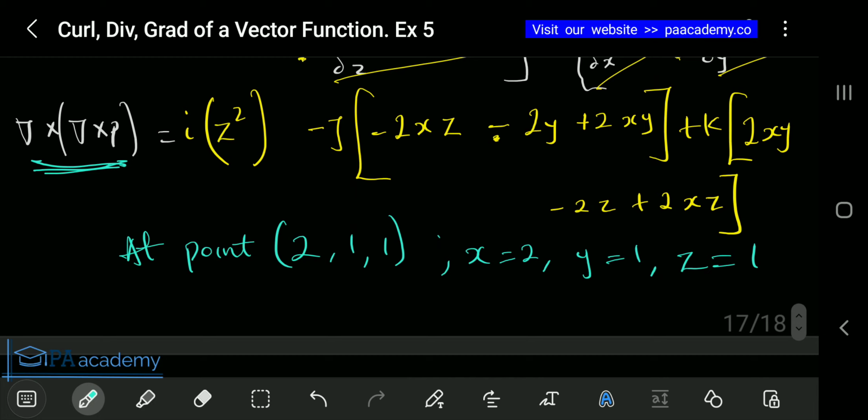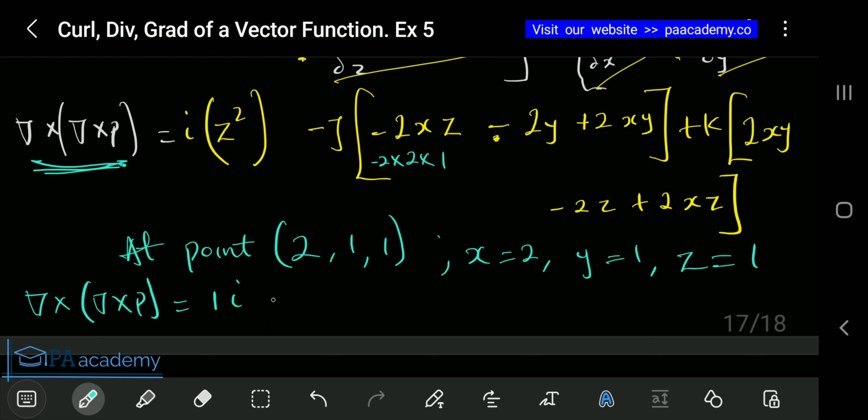All right, so let's put in the values. So that means our curl P will be equal to, so z squared, let's say our value for z is 1, so 1 squared will just also be 1. So let's just write it as 1i. Exactly. Then for this now, we have minus 2xz, so that's minus 2 times our x, which is 2, and our z, which is 1.